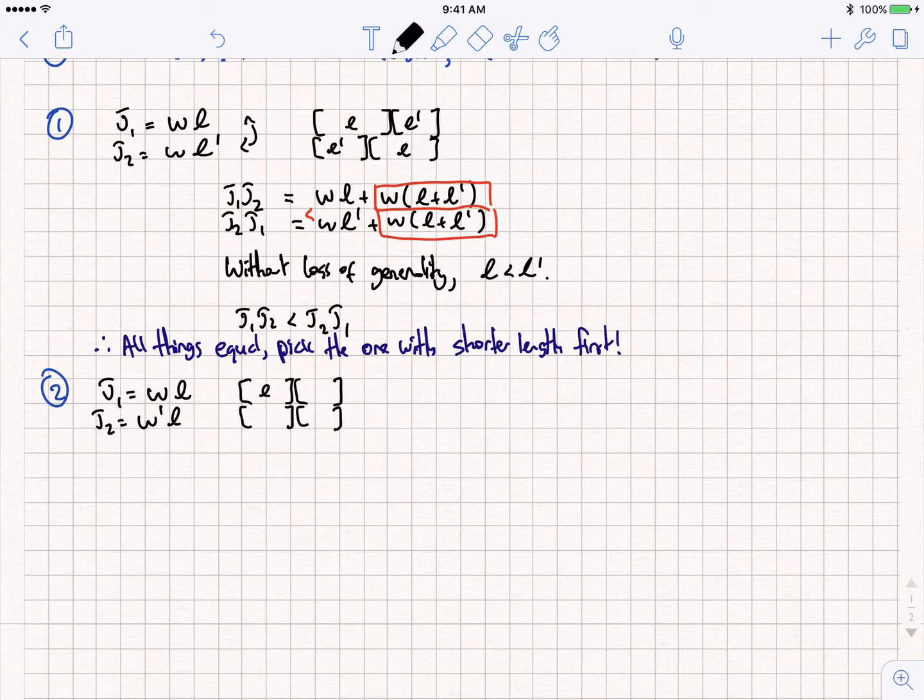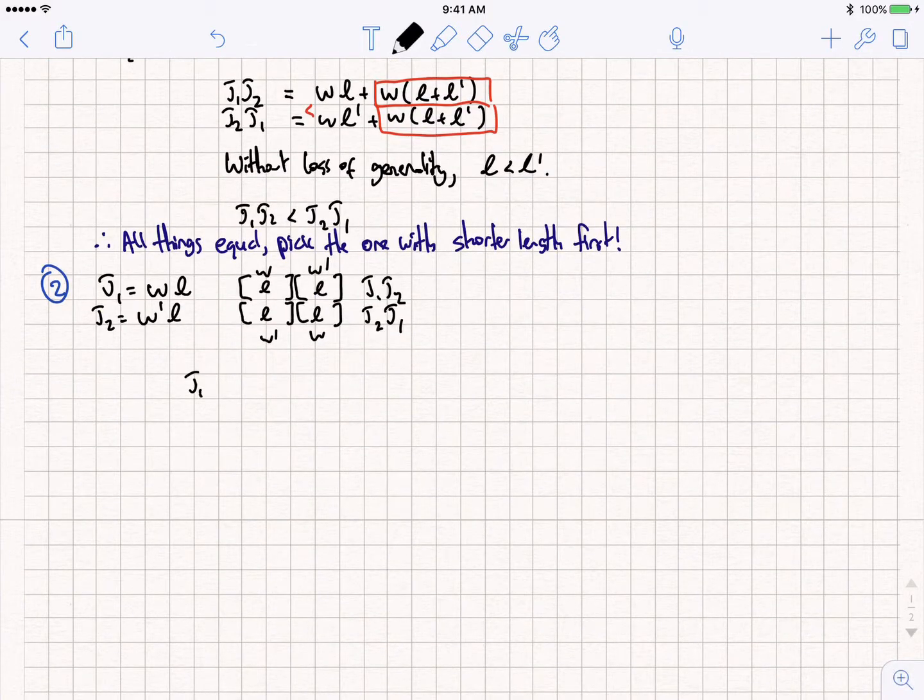So we have some length, some length, some length, some length. Here we have W, W prime, W prime, W. So this is for J1, J2, and this is J2, J1.